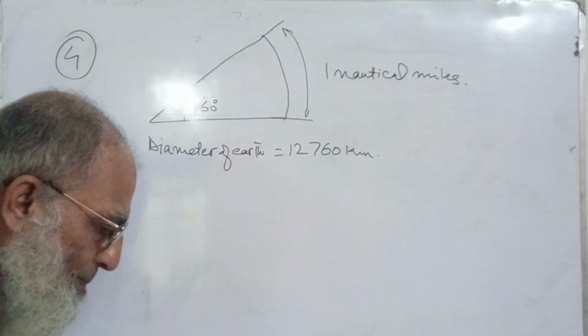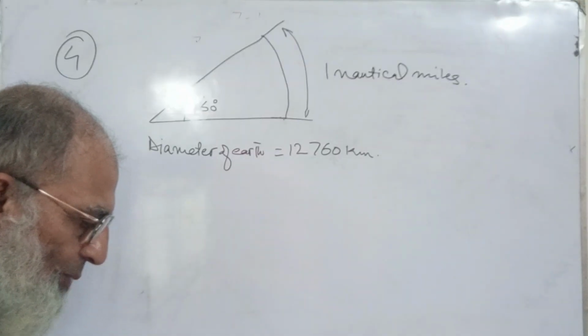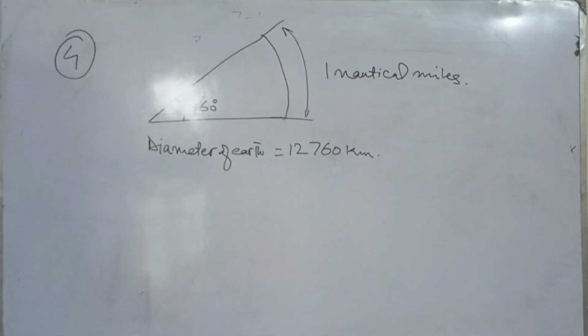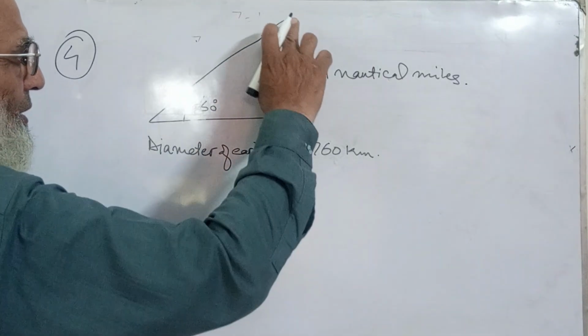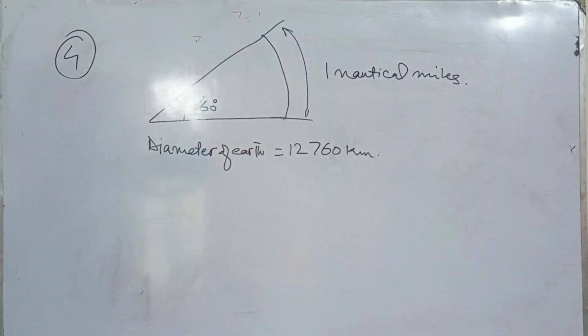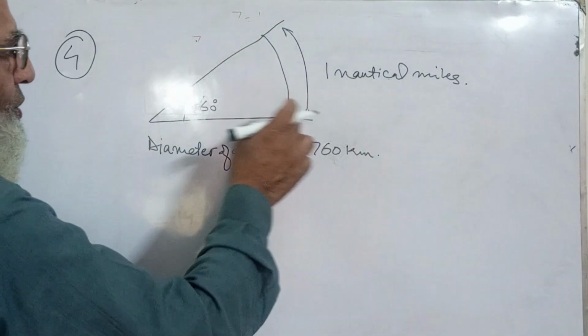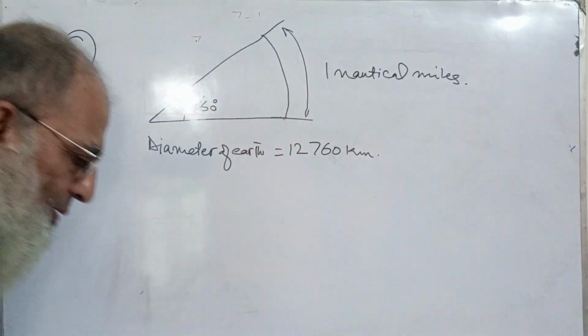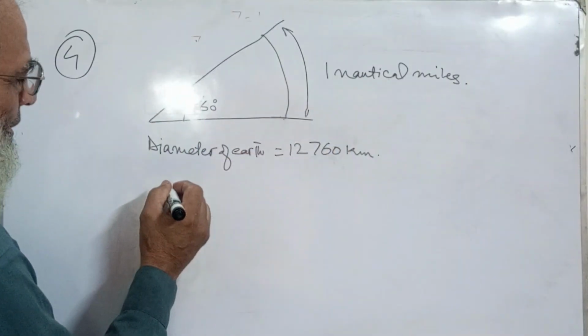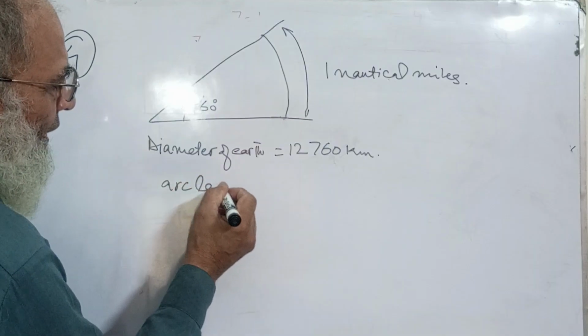Find the length of 1 nautical mile in meters. Give your answer to the nearest meter. So we have to find this arc which is opened at 1 by 60 degree. We have to find the arc length.